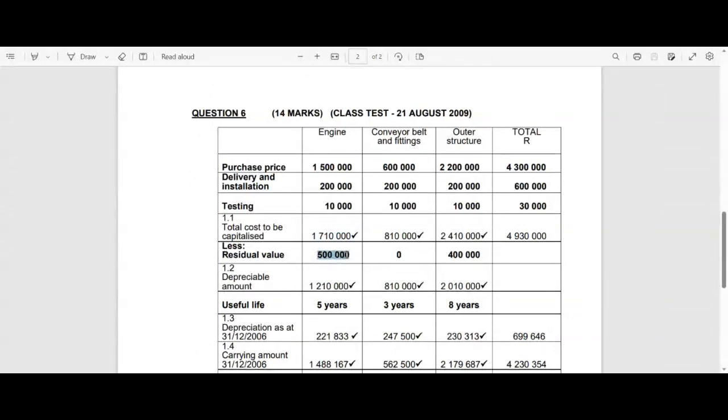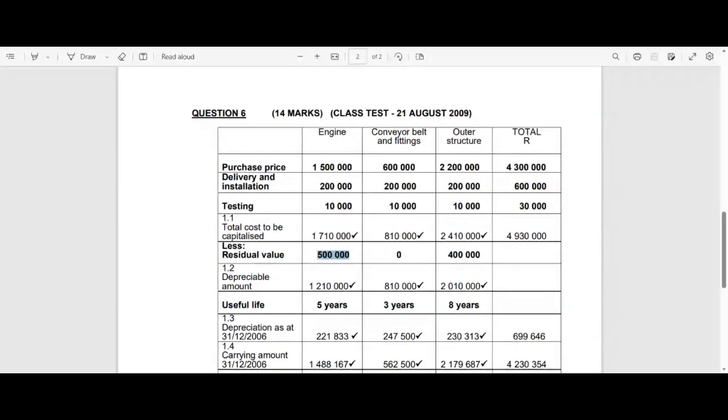At the end of its useful life, once we are done with it, we estimate that we will be able to sell it for 500,000 rands, right? So if it costs us 1.71 million rands and we are going to be able to sell it for 500,000 at the end of the useful lifetime, what is the value that we are therefore going to consume during the course of the useful lifetime? The difference between those two, right?